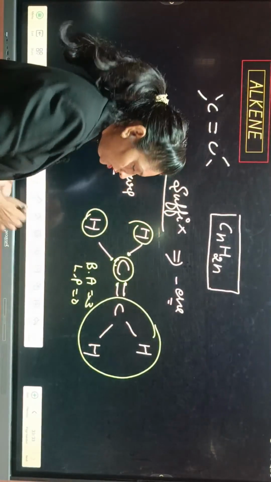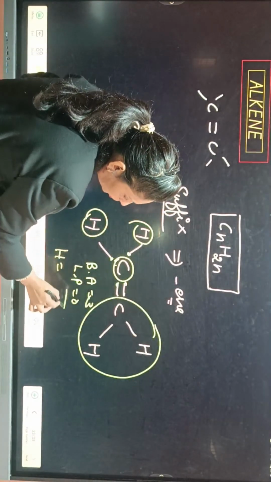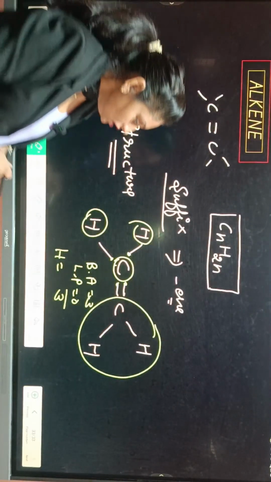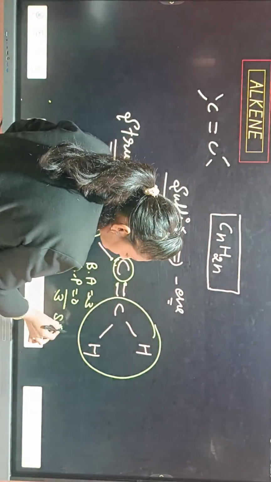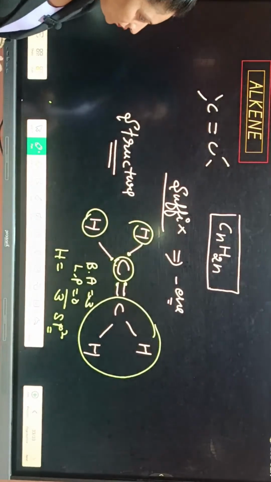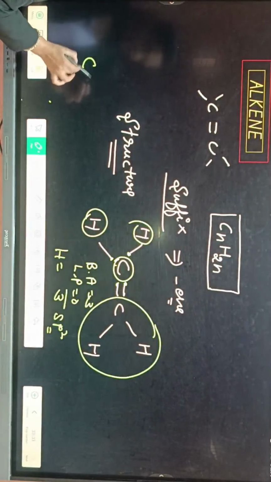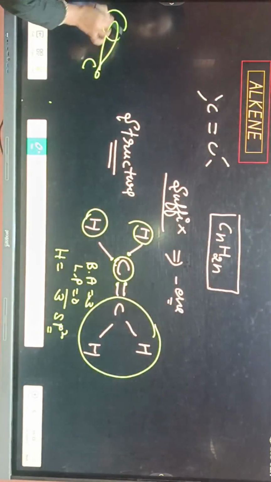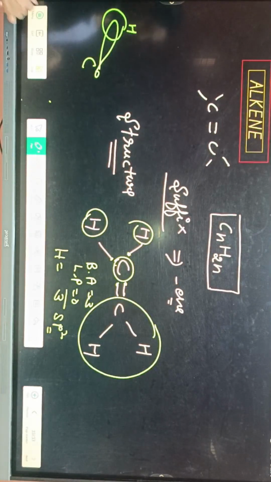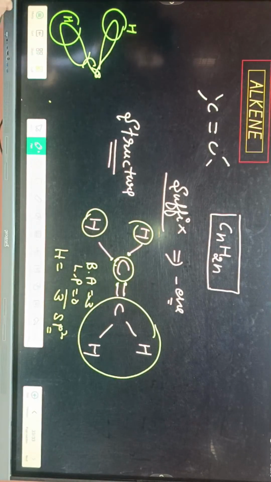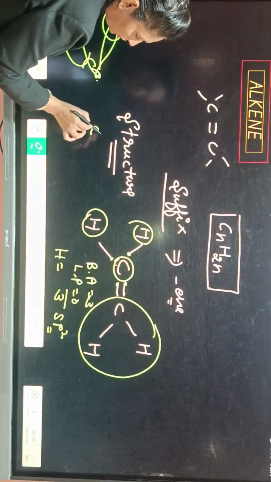Hybridization may be bond pair plus lone pair, bonded atoms plus lone pair. So the hybridization will be sp2. Here this carbon forms one sigma bond with this hydrogen, one sigma bond with the other hydrogen, and one sigma bond with the other carbon.